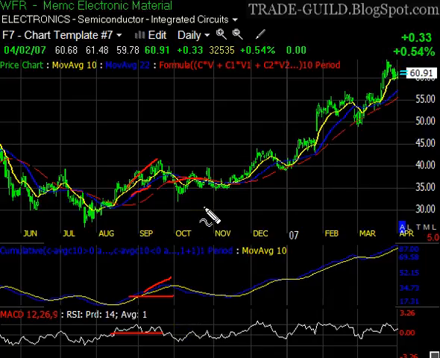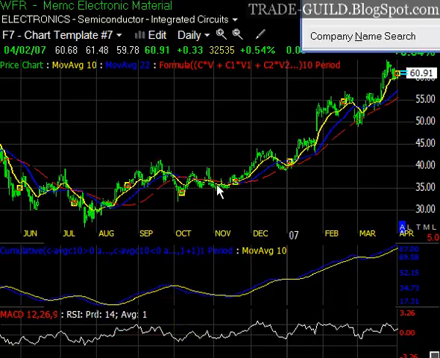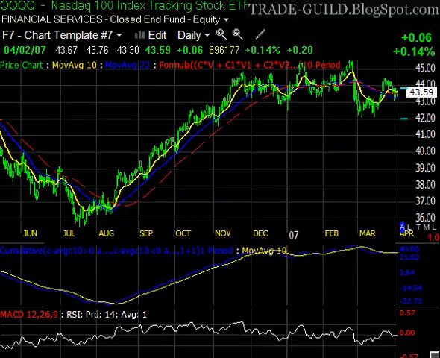So let's take a look at a couple of stocks here and see how this worked out. Here's the Qs, and back in August you can see that we had the crossover here, crossover there, and RSI is above 0, so that's a buy signal. And then it crosses over as a sell signal somewhere up here around 44 in December.